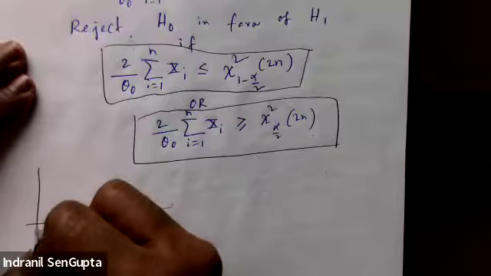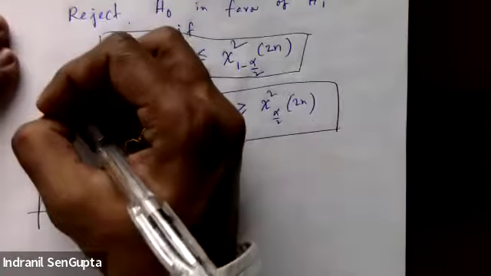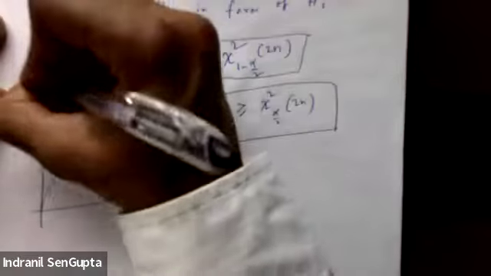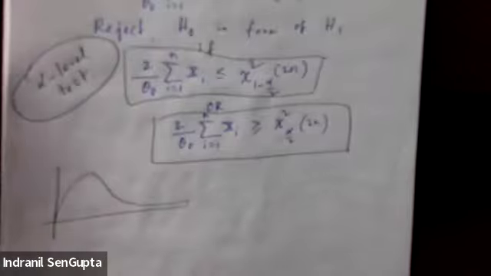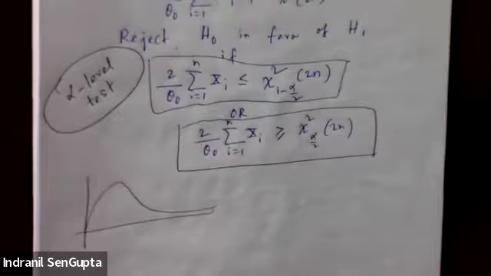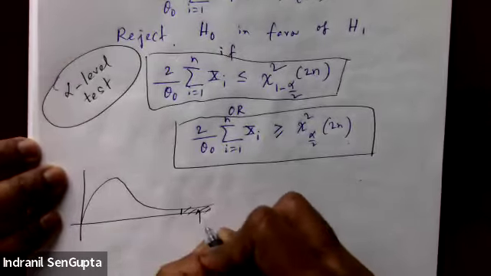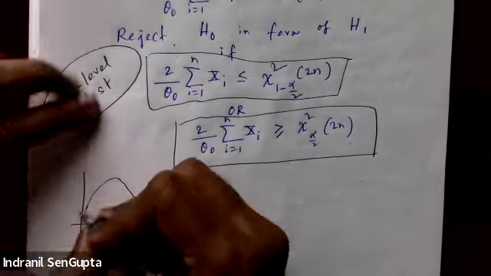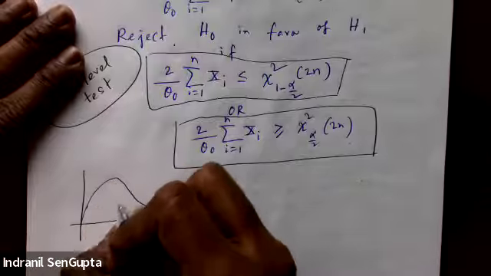Once again, remember for chi-squared, we have something like this. If your significance level is alpha, for an alpha level test, meaning that maybe this region is alpha over 2, and this region is alpha over 2.